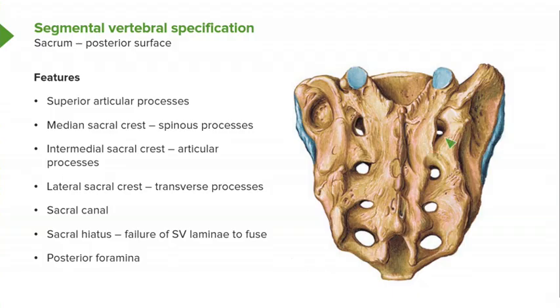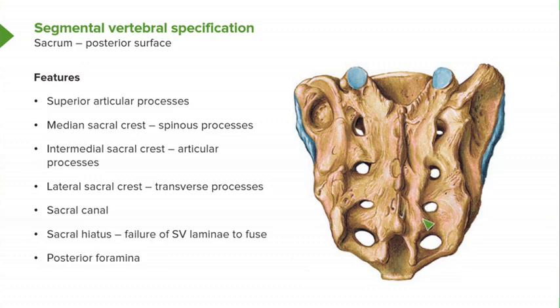And then lastly, we have lateral sacral crests, and these are going to represent the point of fusion of transverse processes. We also will see here posteriorly openings for branches of sacral spinal nerves.